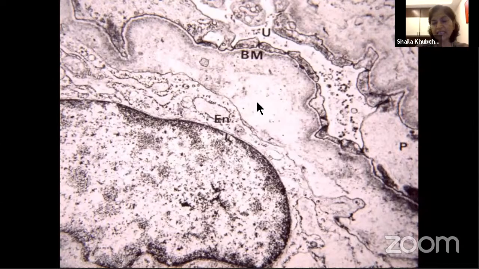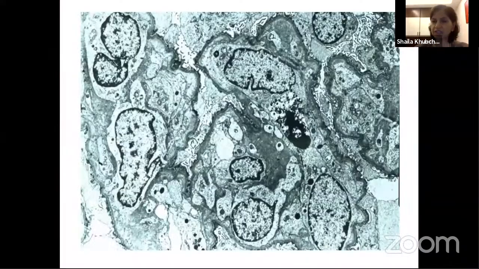There is a vacuolated area present, and this has also been replaced by some granular material. And this is what you will see in rejection, whether it is T lymphocyte or humoral rejection.